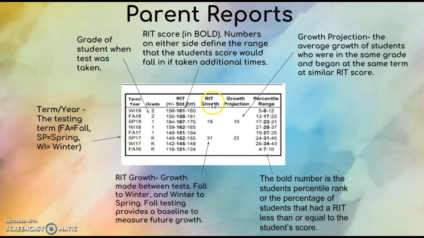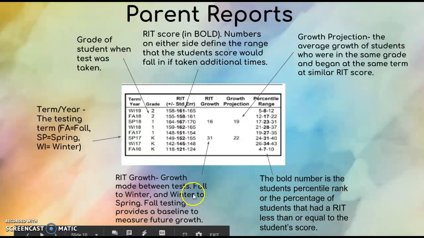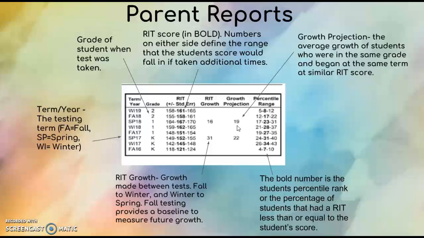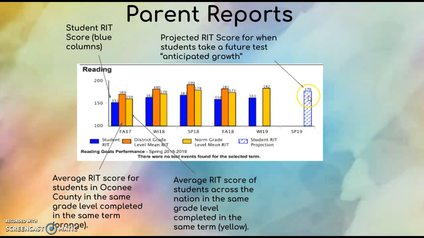You'll see here, this is RIT growth. And this means the growth made between tests, fall to winter, winter to spring. And fall testing provides a baseline to measure future growth. Over here, you'll notice growth projection. This is the same as the dotted blue bar before that we talked about on the other screen. You'll see it right here.